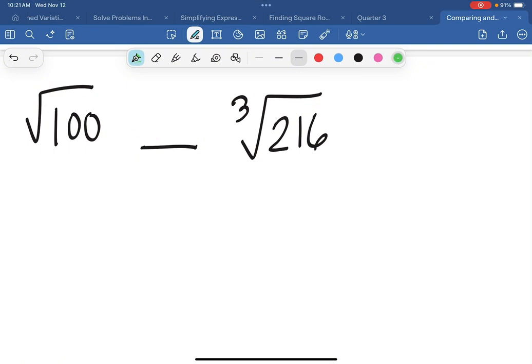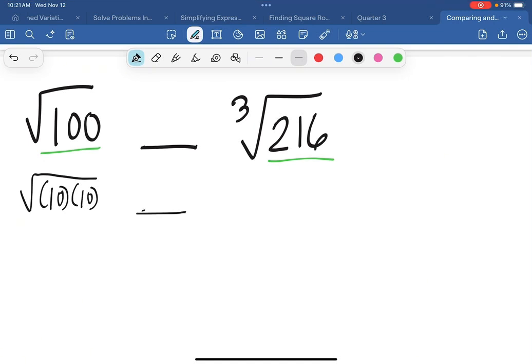Another example. Both numbers are actually a perfect square and a perfect cube. Since they have different nth roots, let's just do this numerically. The square root of 100 can be broken down into 10 times 10.